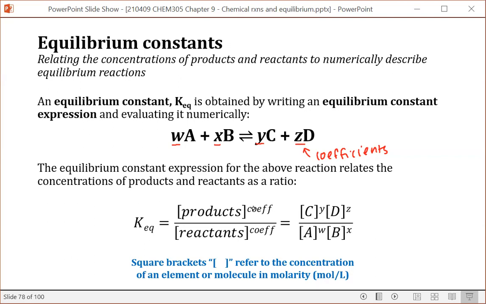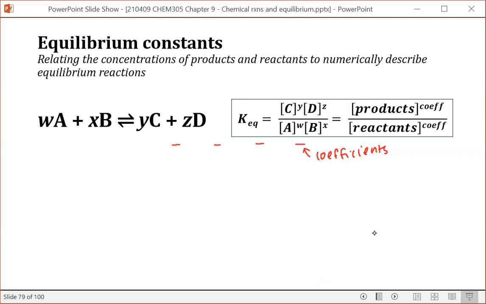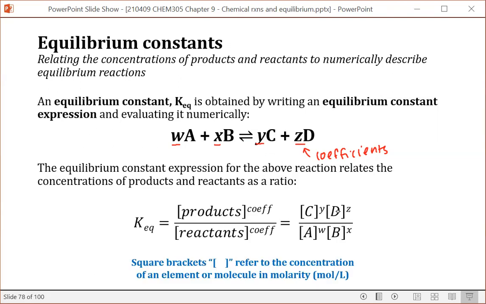And you do this for each product and multiply them together. So for this reaction up here, where our products are C and D, and their coefficients are Y and Z, we take the concentration of product C in molarity and raise it to the power of its coefficient Y. And for D, our other product, we take the concentration of product D and raise it to its coefficient Z.